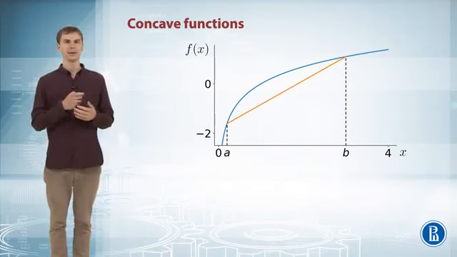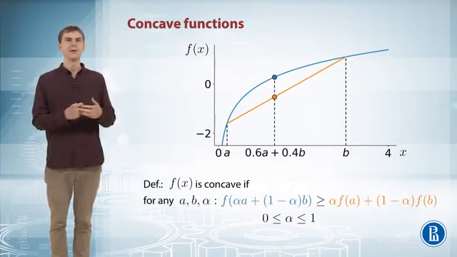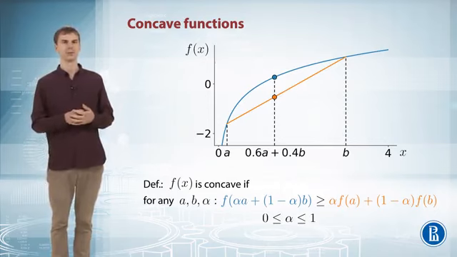in between them, it has a property that the value of the function in this point, the blue point, is greater than or equal to the value of the segment that connects f of a and f of b, so the orange point.